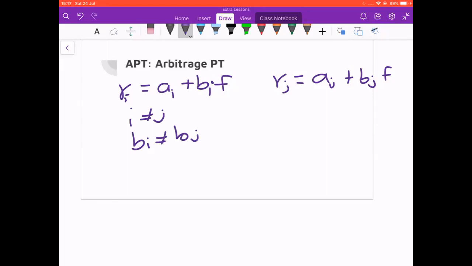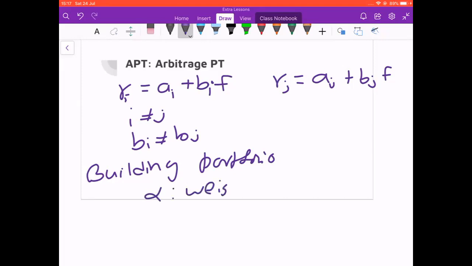Anyway, to build a portfolio, you can build a portfolio on this. Do you want me to do this proof before I start? So to build a portfolio, let's say this one is going to be the weight of i.